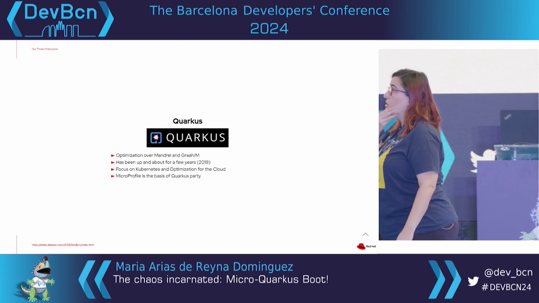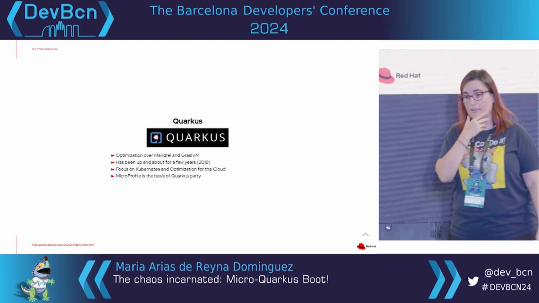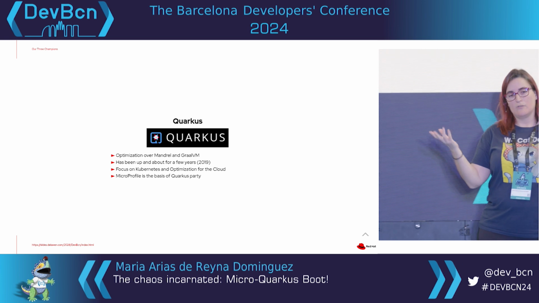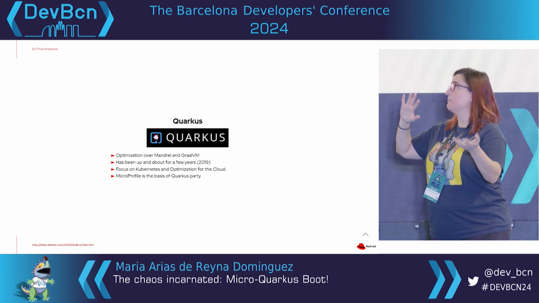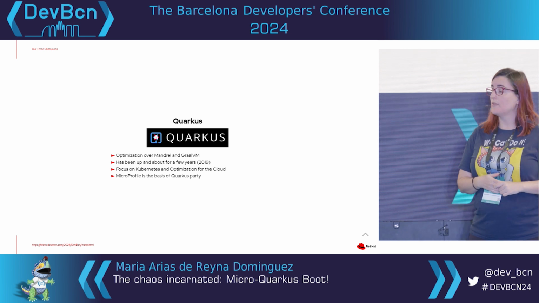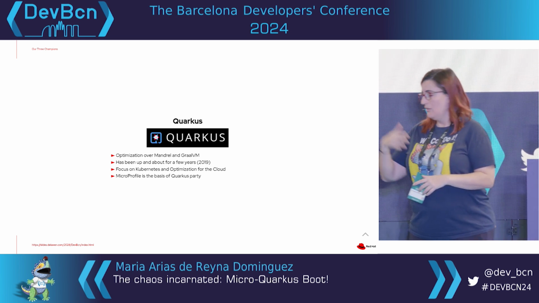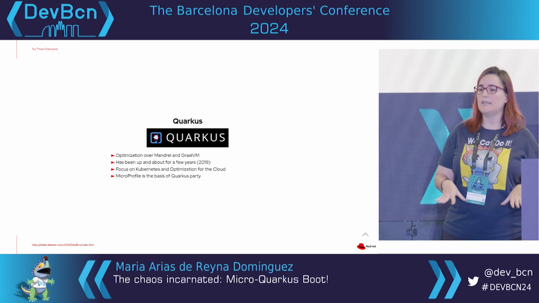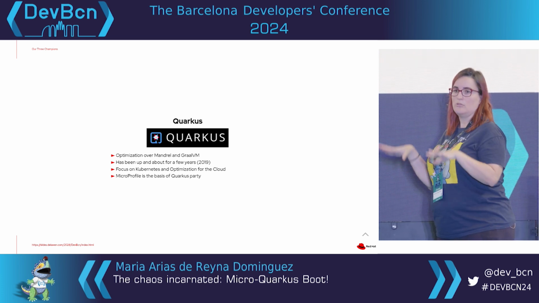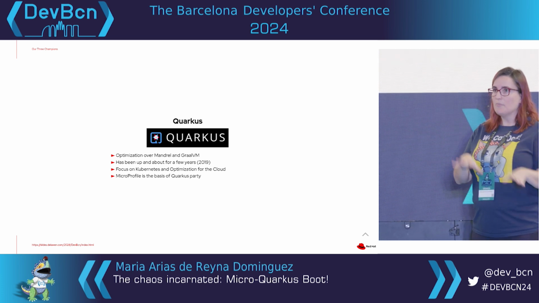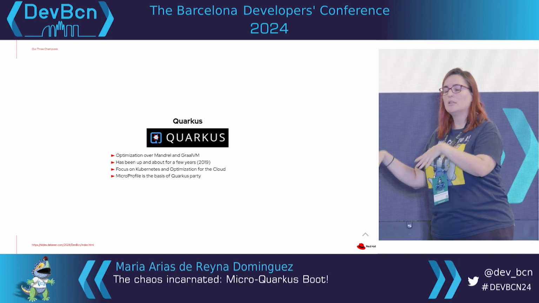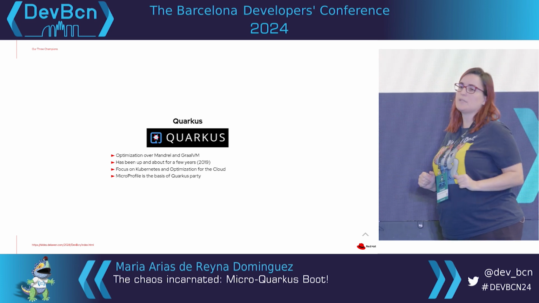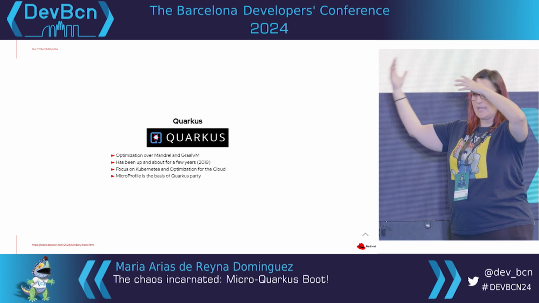And then Quarkus. Quarkus, like Micronaut, is very focused on GraalVM, or the Mandrel version for Red Hat Quarkus. It has been more or less a similar age as Micronaut, also for the cloud, for Kubernetes, etc. And in this case, MicroProfile is the main actor at the Quarkus party, which means if something cannot be implemented in MicroProfile, usually the Quarkus developers push MicroProfile to support whatever is missing before they add extra stuff.